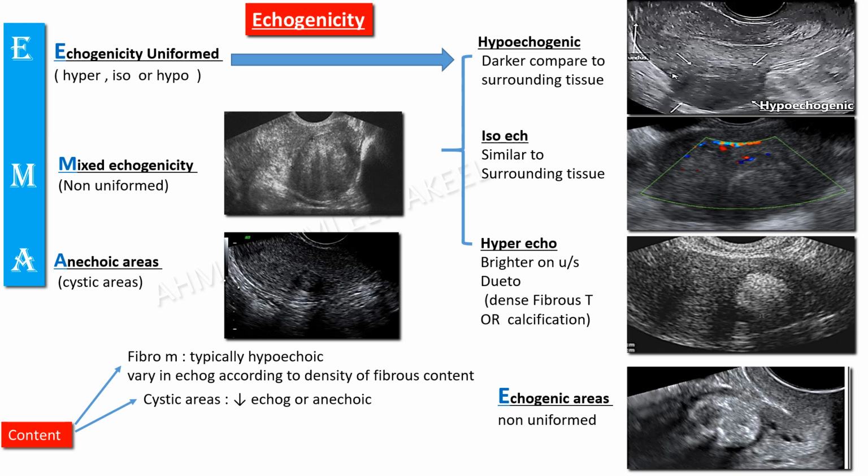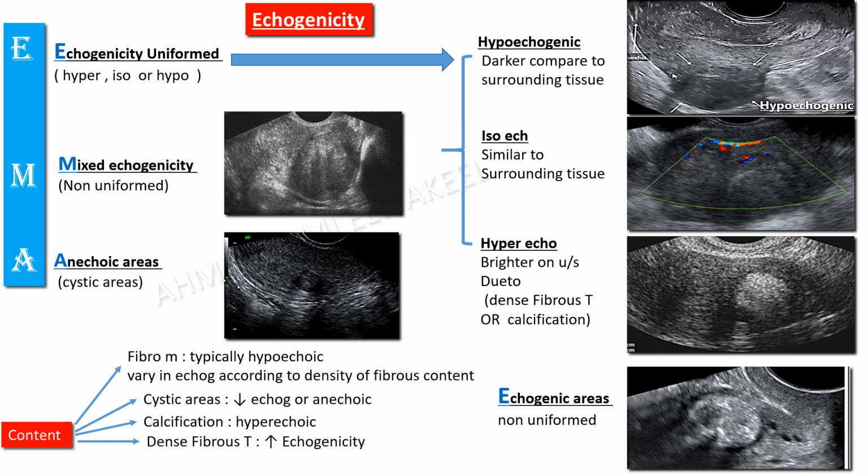However, variations in echogenicity can occur depending on specific changes within the fibroid. For example, areas of cystic degeneration may appear anechoic or hypoechoic, while fibroids containing calcification or hemorrhagic foci often appear with hyperechoic regions.